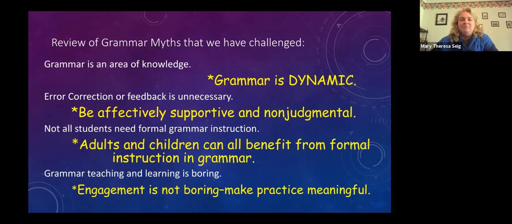So, whoa, this slide is very busy. These are the grammar myths that we've challenged today. We started with grammar as an area of knowledge, and we talked about how grammar, and language, is actually very dynamic, not static. We talked about the myth that error correction or feedback is unnecessary, and we talked about being affectively supportive and non-judgmental.